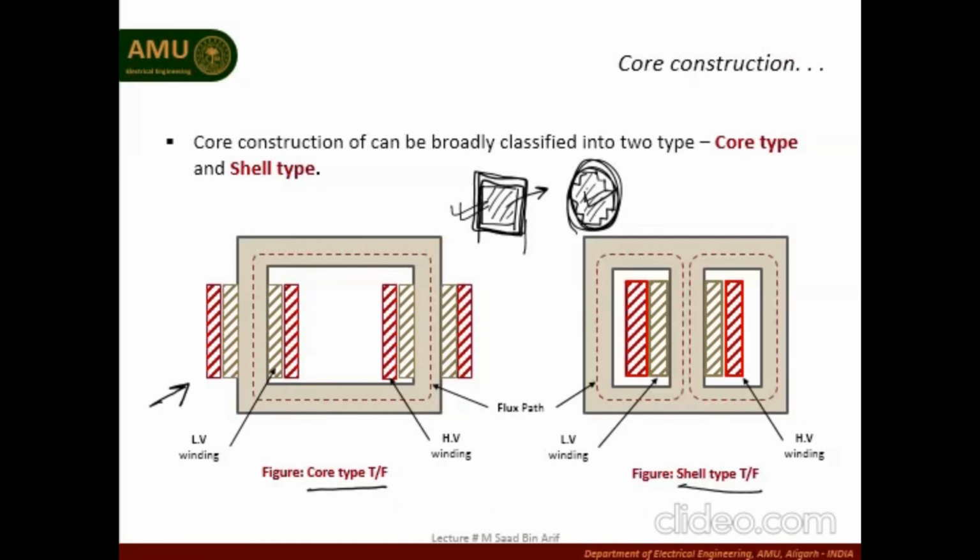So we can say that as the rating of the transformer increases, the conductor size also increases, and flat conductors are preferred to round ones. To wind such conductors on a rectangular former is not only difficult, but introduces stresses in the conductor at the bend, as I just discussed. From this we can say that it is better to use a circular cross-section core for a high rating transformer.